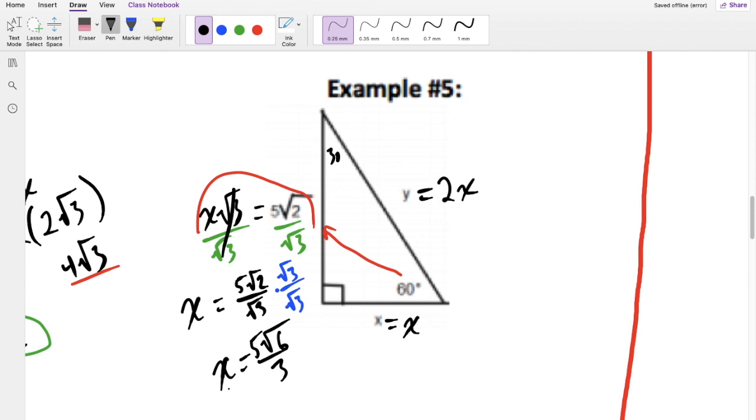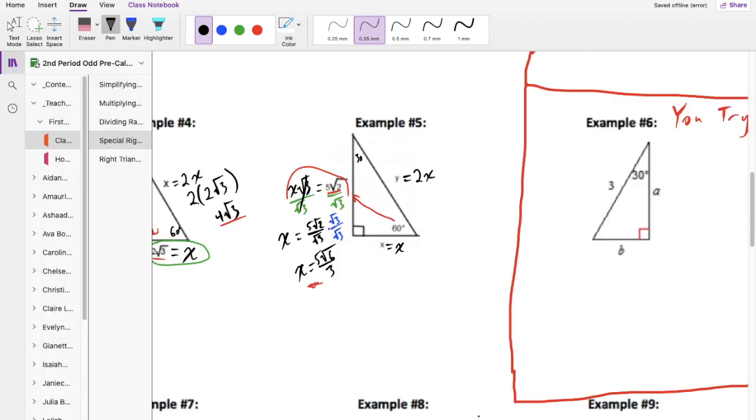Now that we know what x equals, I can substitute that into the other two equations. So our short leg will simply be that x, which equals 5 root 6 over 3. And we just need to plug that in for our hypotenuse.